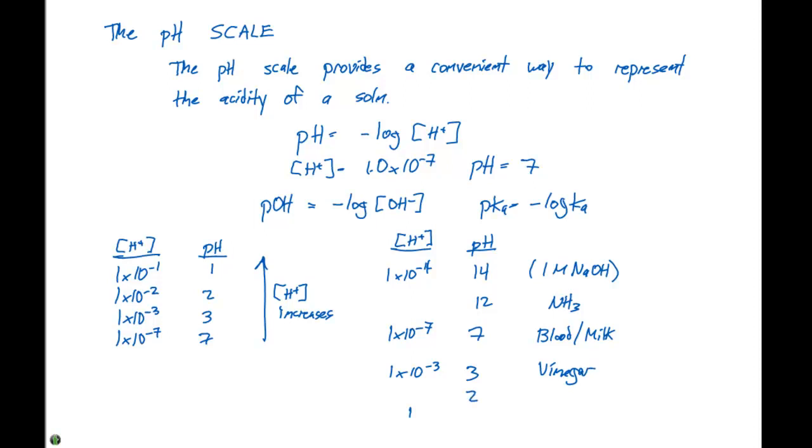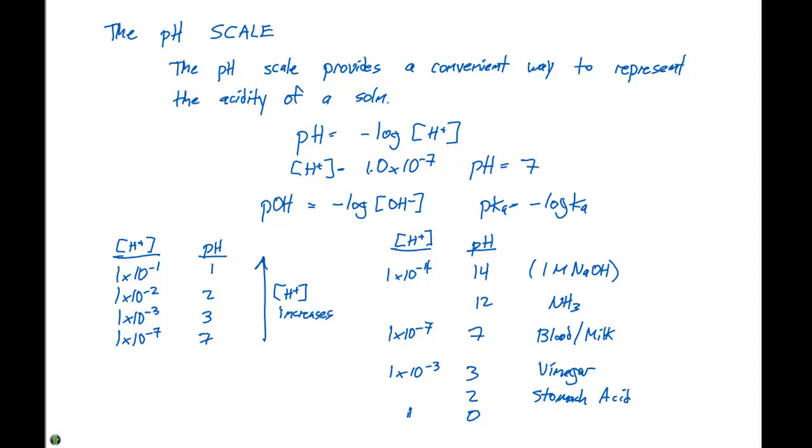A pH of 2 is what our stomach acid would have. And if our H plus concentration is 1, the pH is going to be 0. So this gives a baseline of where the pH scale is.